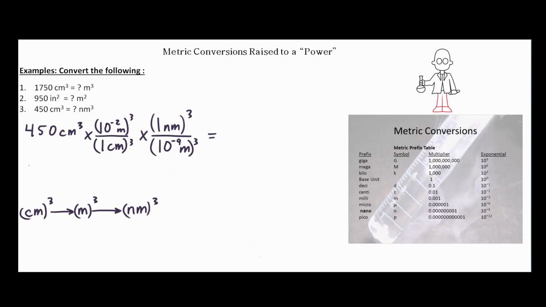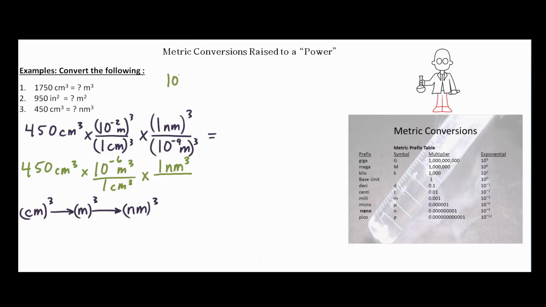So I'll rewrite 450 centimeters cubed times cubing this expression. 10 to the minus 2 cubed gives me 10 to the minus 6 meters cubed over 1 centimeter cubed times cubing 1 gives me 1, cubing the unit of nanometer gives me nanometer cubed, cubing 10 to the minus 9.